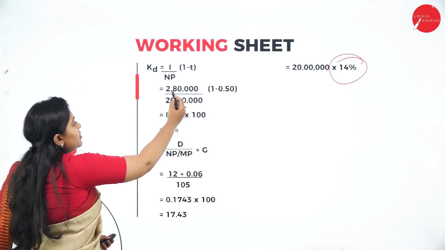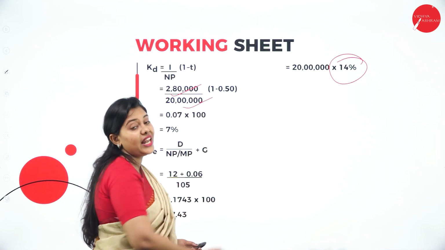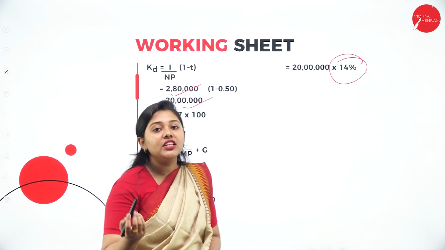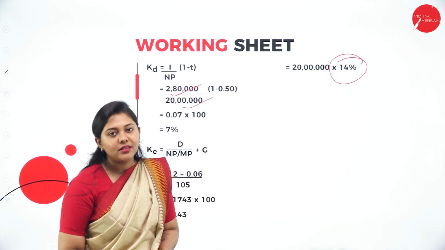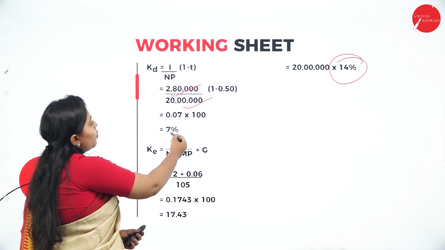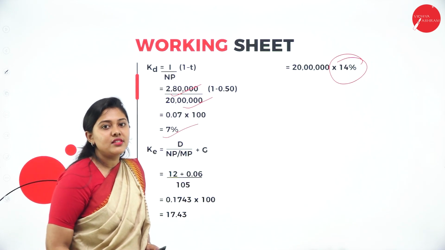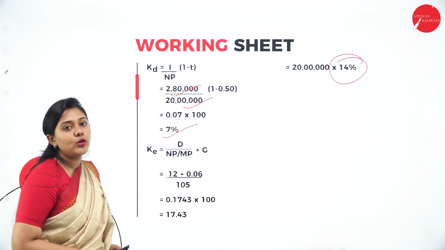So the value you get is 2,80,000. Net proceeds will be 20 lakh, since we are using additional capital to our company in order to expand the business. So 1 minus 0.50, if you substitute the value, the answer you get is 7%. And next, we are calculating equity capital.